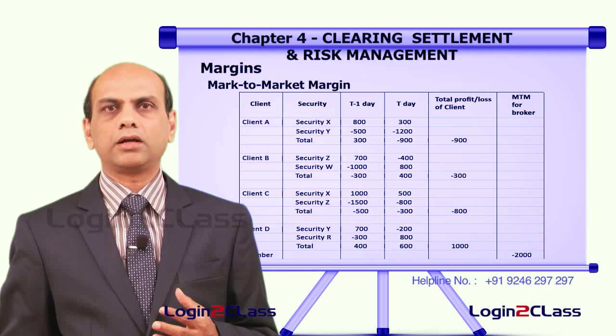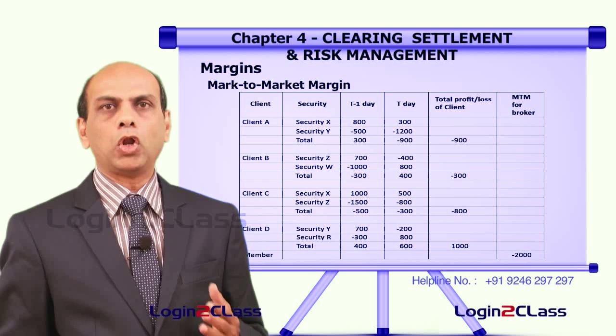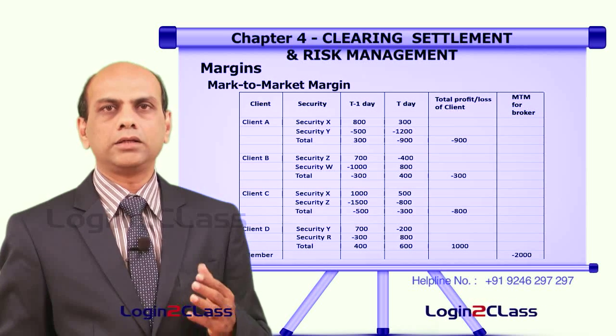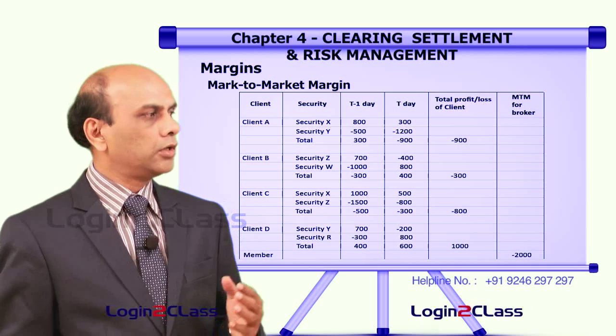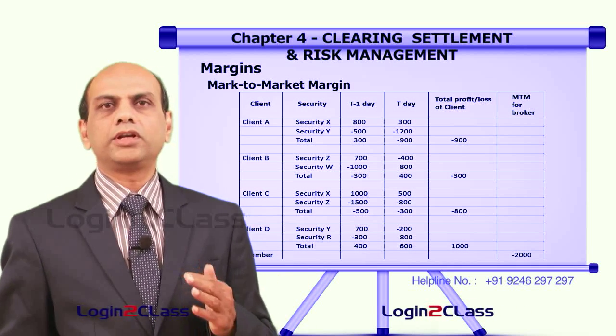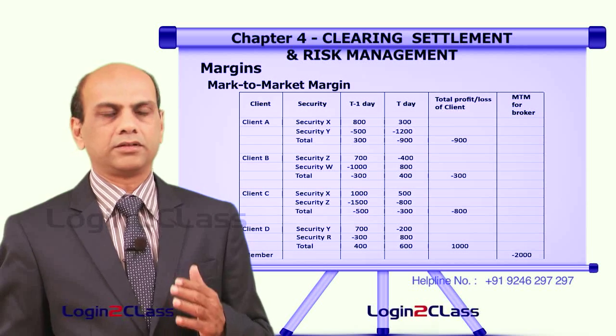Now what is this 500? This is an MTM loss for this particular position client A is holding. Now the net position he has is 300 rupees, he is in profit.